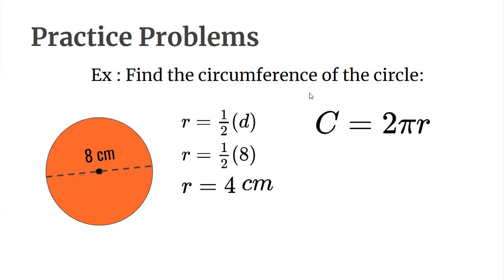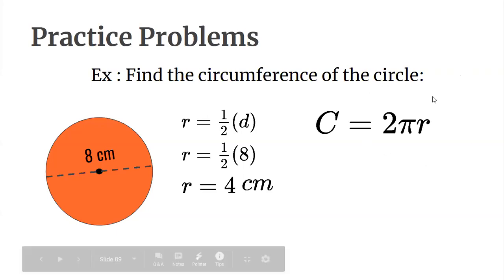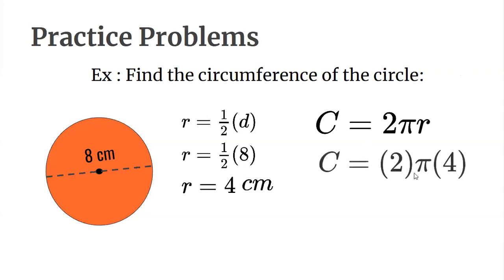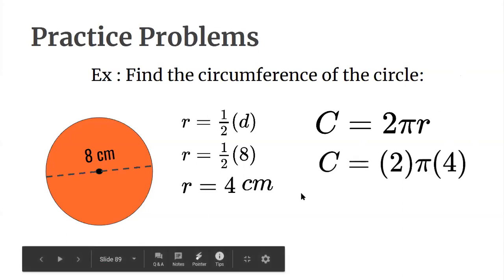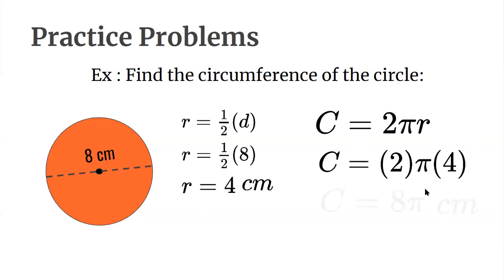So you could draw out the formula in order to find circumference, which is C equals 2 times pi times radius. Plug in the radius we found from here, where we solved. So we get circumference equals 2 times pi times 4.